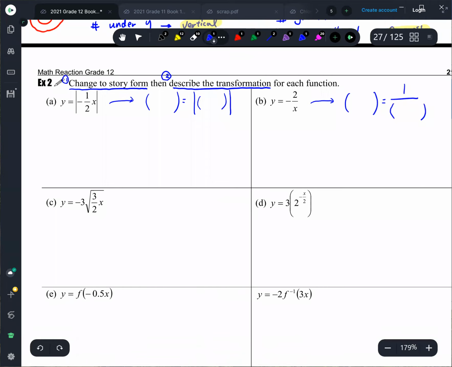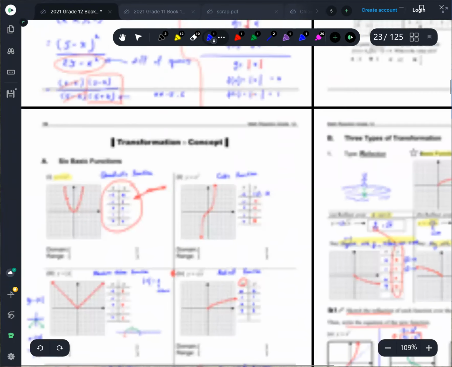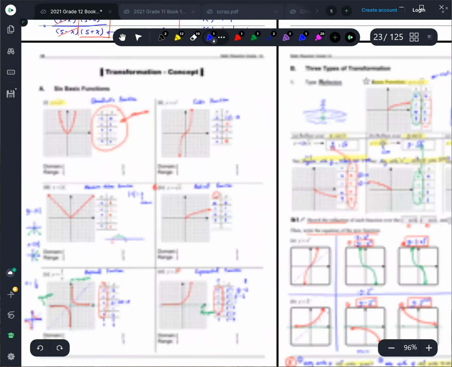All right, for C, what kind of basic do we have, Jenny? What kind of function? I'm actually not sure. Sorry. For this one, question C has to do with which of the 6 basic?